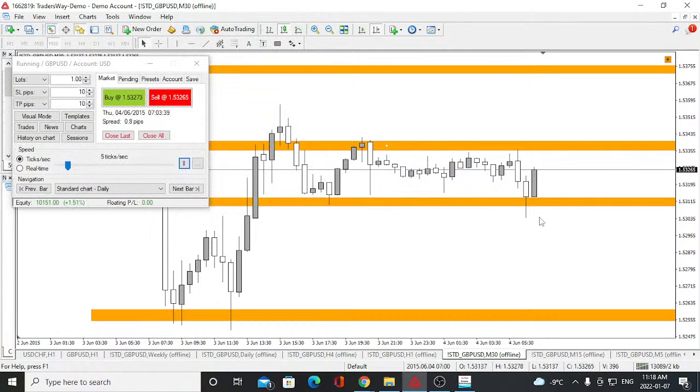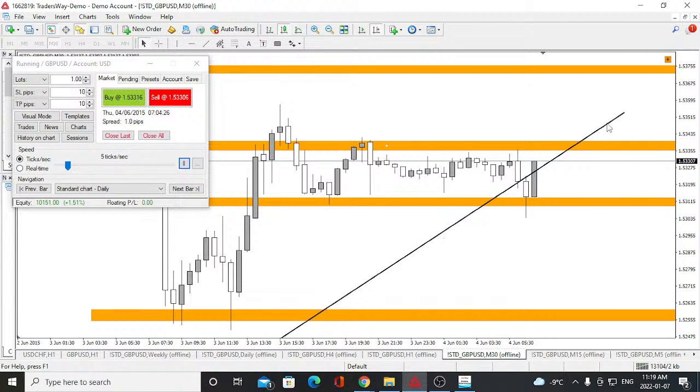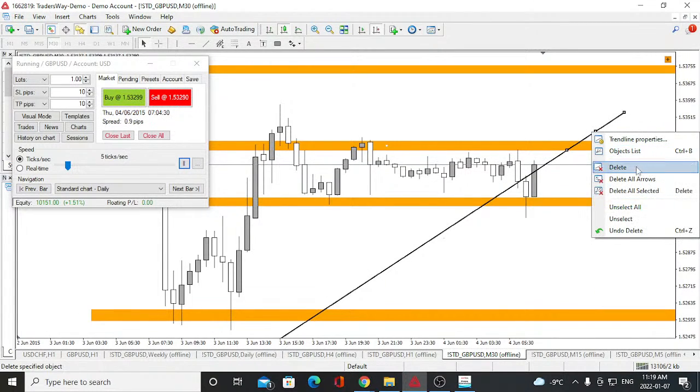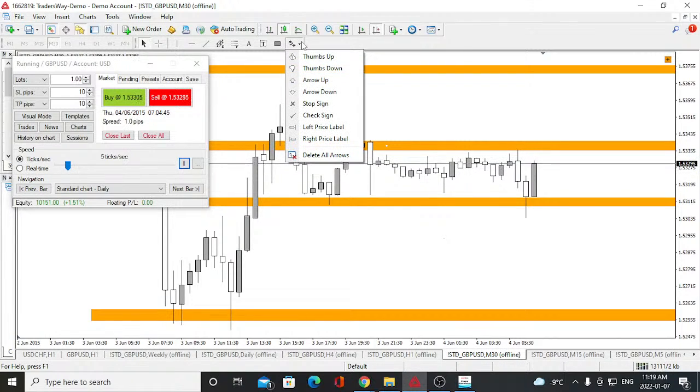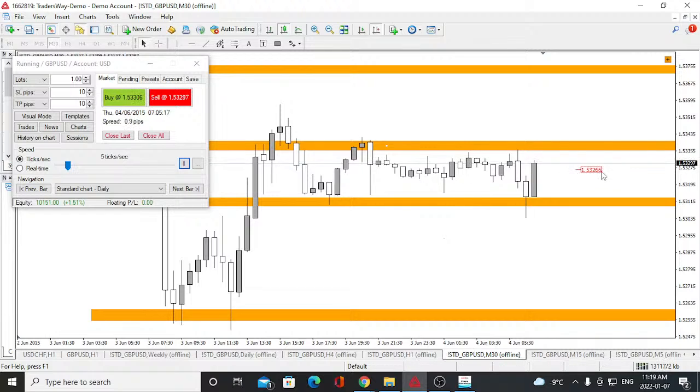As you can see, because we're working on precision here, this particular candle, let me see what I have here. I want arrows. Okay, let's see.